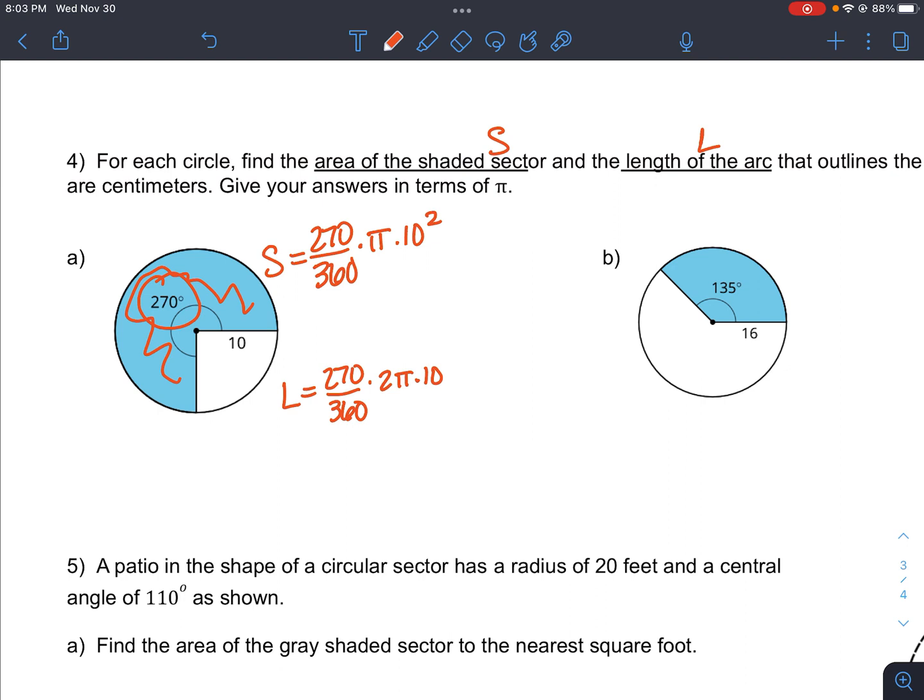All right, sector: 270 divided by 360 times 10 squared. So I'm leaving the pi out of it when I'm using the calculator. Centimeters squared. Again, 270 divided by 360 times 2 and 10. 15 pi centimeters.